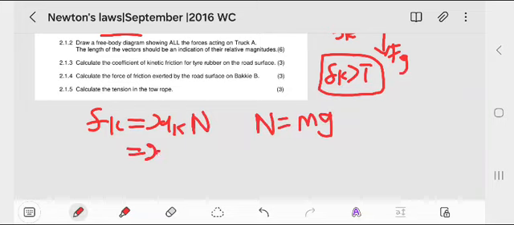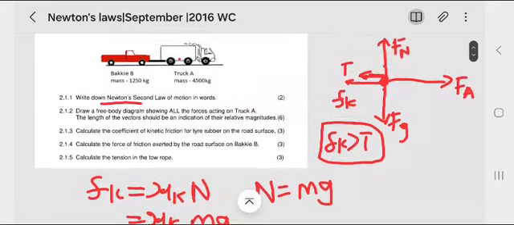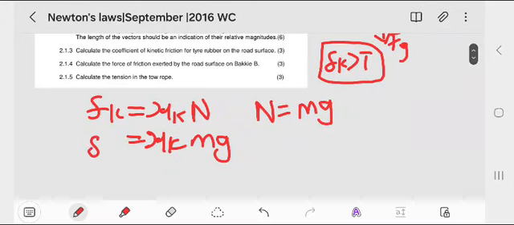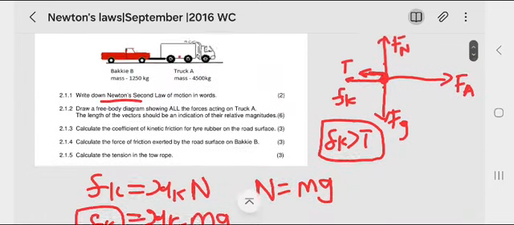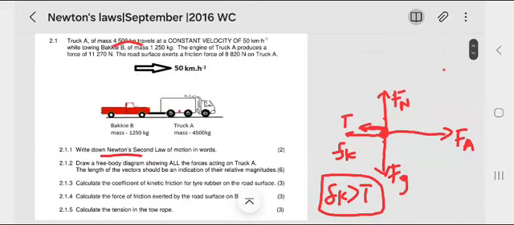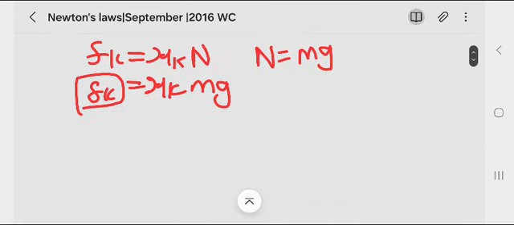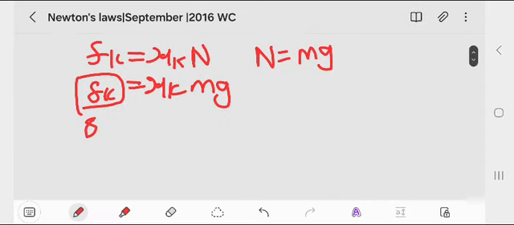So we have mu k multiplied by mg. Fk is given as 8,820.